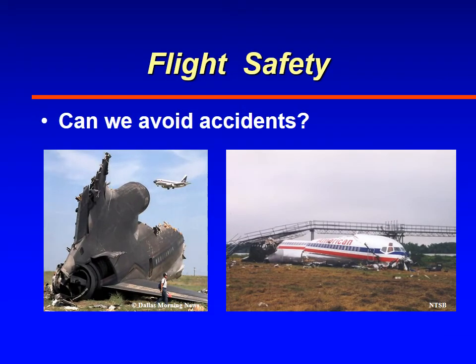Probably the most important is flight safety, and that should be paramount, of course. Can we avoid accidents that are caused by weather? The pictures that you see here are two weather-related accidents. One is from Dallas-Fort Worth, and the other one, I believe, is from Little Rock, Arkansas.